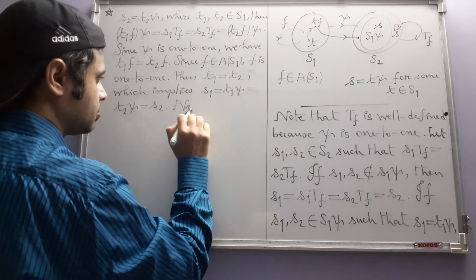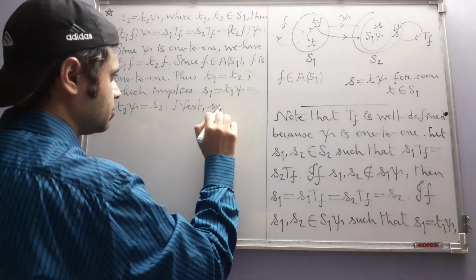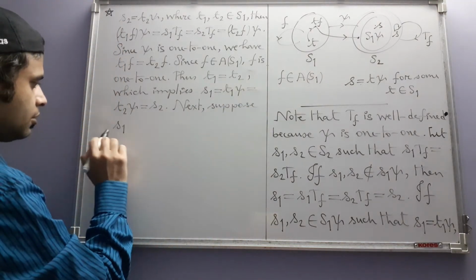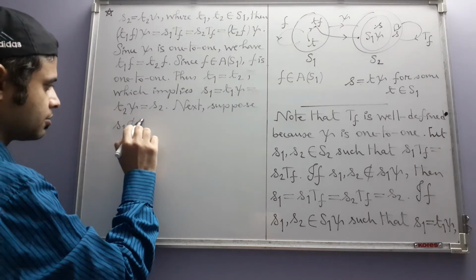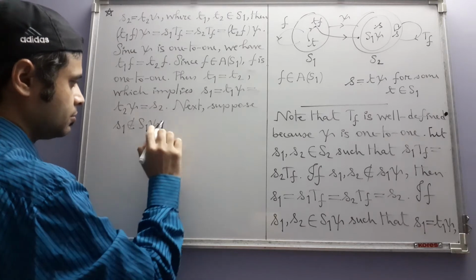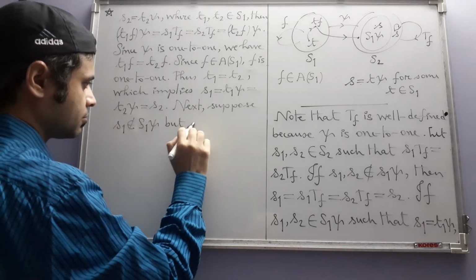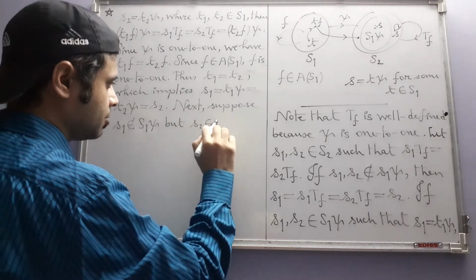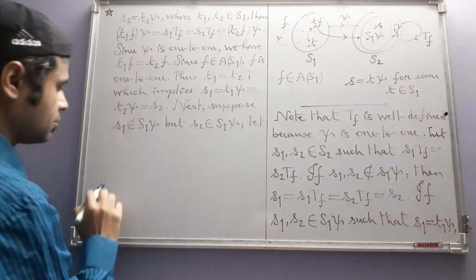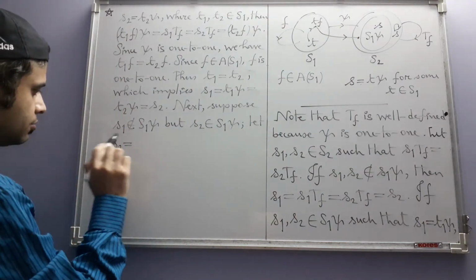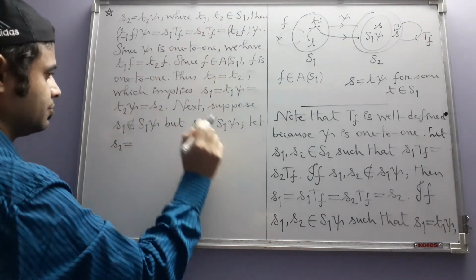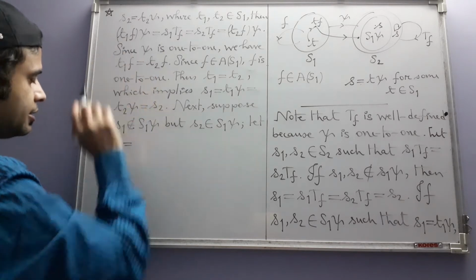Next, suppose S1 does not belong to S1 psi, but S2 belongs to S1 psi, and let S2 be equal to, we can again assume S2 to be T2 psi, but that is a different case.